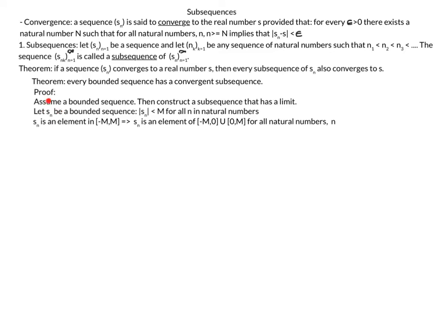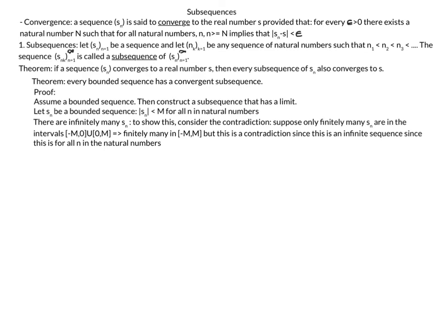We will start by naming our bounded sequence S_n, and we'll say that it is bounded by capital M. So S_n is going to be an element in the closed interval [-M, M], and we'll split up our closed interval into the union of two intervals, [-M, 0] and [0, M]. So S_n is an element of the union of these two intervals.